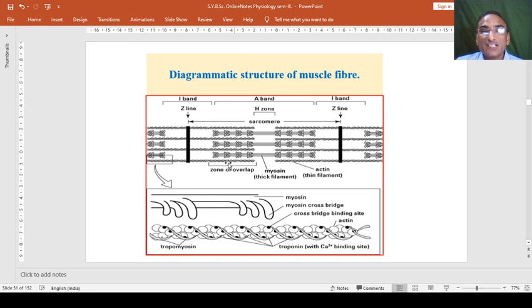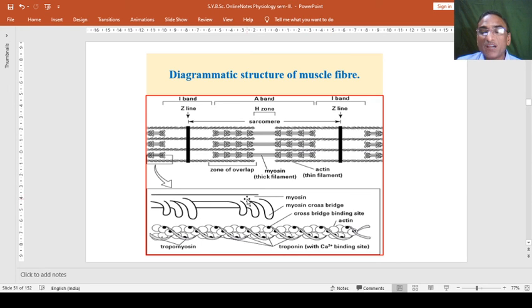If we explore this part of the actin filament, you can see that it has an extension of protein material, and this extension is nothing but the myosin cross bridge, and this is the myosin filament.